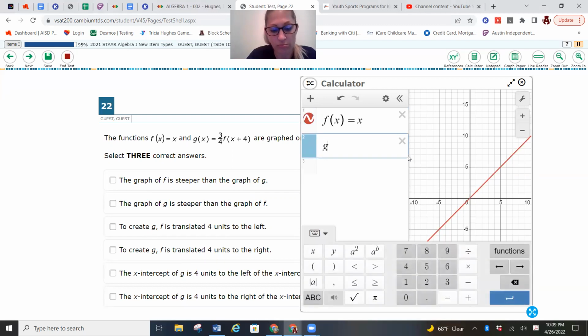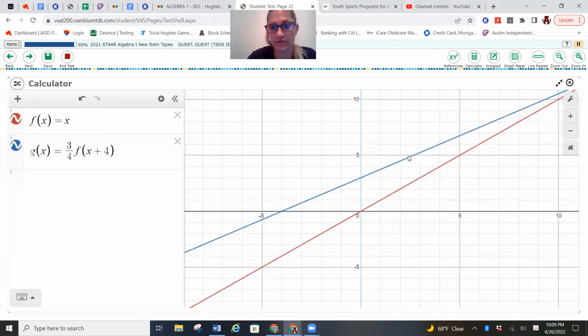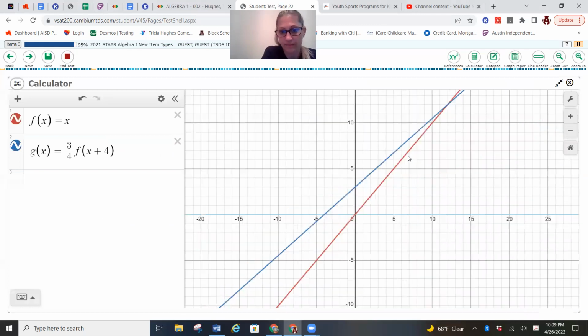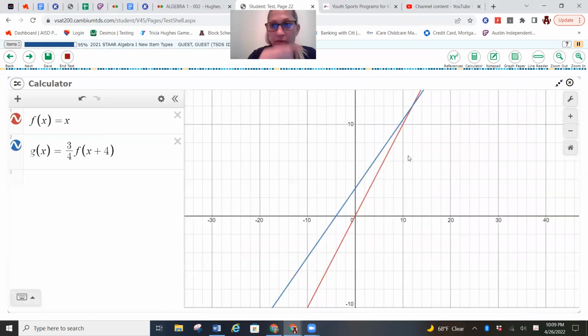Then they tell you you're going to move that parent function. You're going to multiply 3/4 times the f function and shift it 4 spaces one direction. We're going to now compare these two graphs.